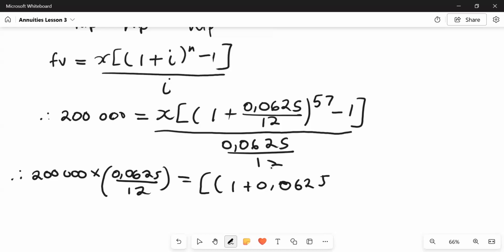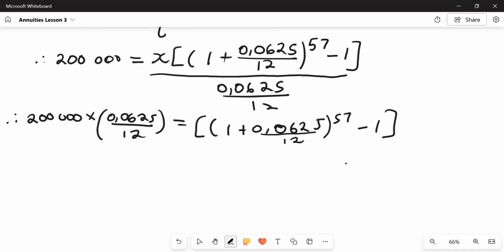So here you are just applying your mathematical gymnastics. To the power 57 minus 1. And then there's x there.